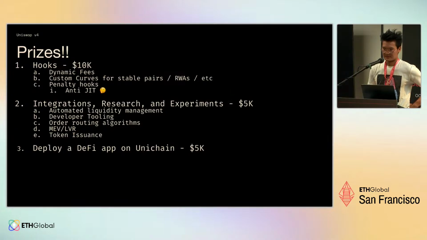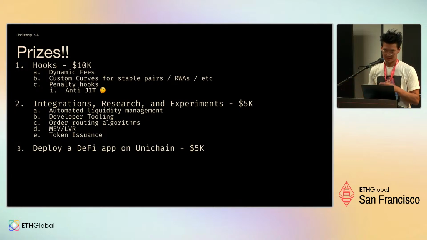Cool. As for the prizes, we have 3 categories. The first one is hooks. Some ideas, like I mentioned, are dynamic fees, custom curves for stable pairs, RWAs, or very nuanced and specific tokens. The 2 categories of hooks that the foundation is super excited about are, 1, anything related to LP profitability, and 2, pools that are specially tailored for certain types of asset classes.